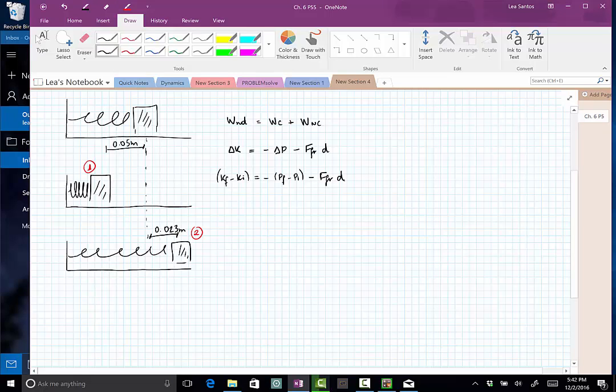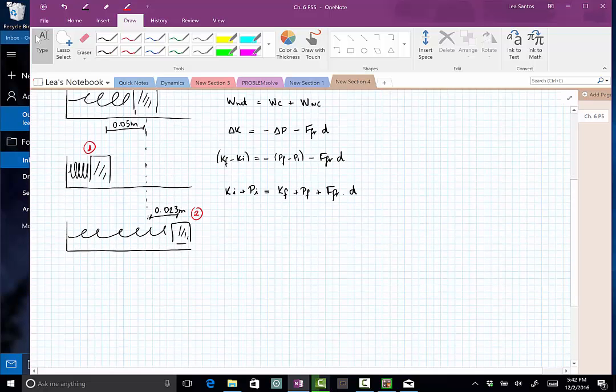If we rearrange this equation, we find that the initial kinetic energy plus the initial potential energy is equal to the final kinetic energy plus the final potential energy plus the friction force multiplied by the displacement. So this is something that we already saw in class. It's just a quick revision. The initial is what happens in point 1, and the final is point 2.